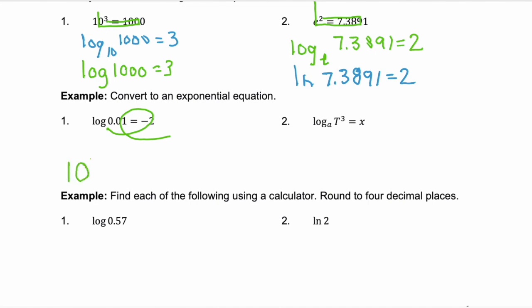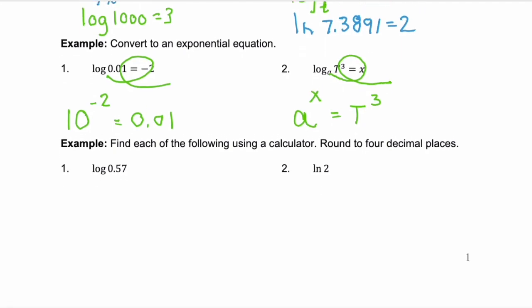That would be 10 to the power of -2 equals 0.01. Here we start at the a, go to the x, and then what we are taking the log of. See how it kind of looks like an e? That's telling you you're going to an exponent. So a to the power of x equals t cubed.